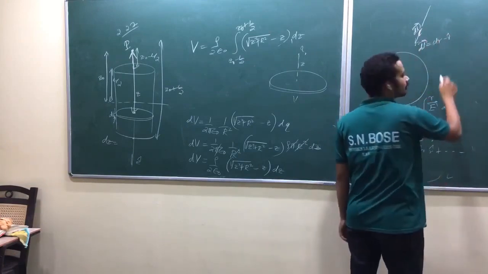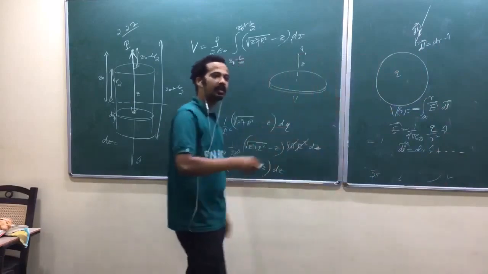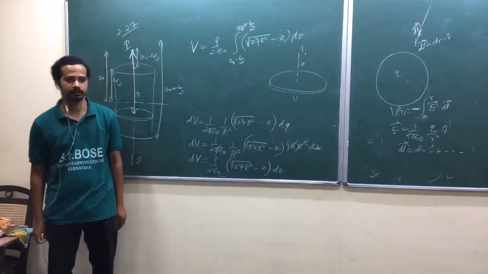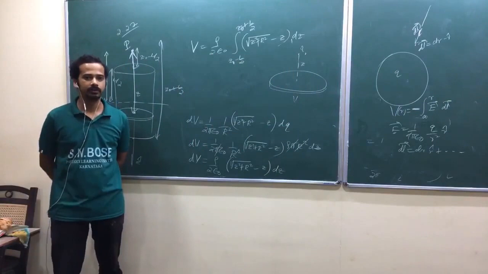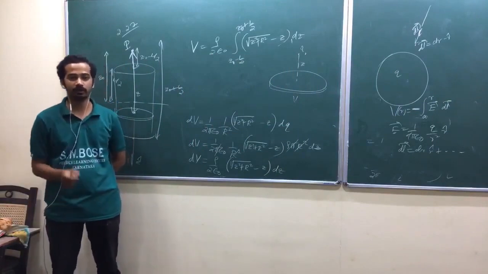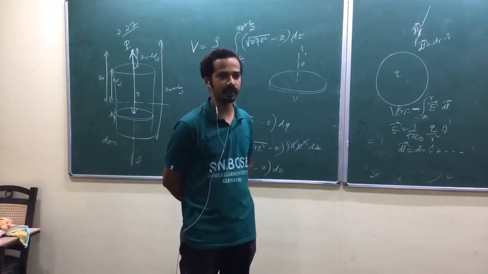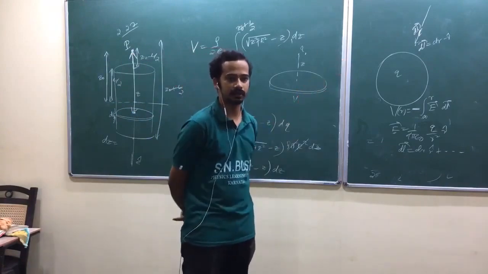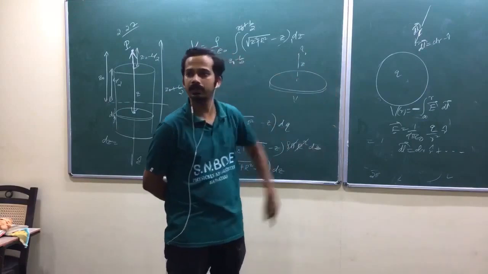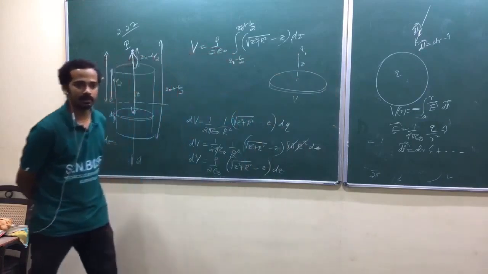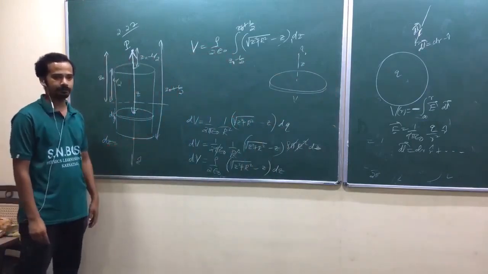But dr into minus r cap, am I right? That dr is also negative. That's what I am arguing, because the radius is decreasing. What do you mean by dr? Final minus initial. Final is small, initial is larger when it decreases. The same thing will happen here.